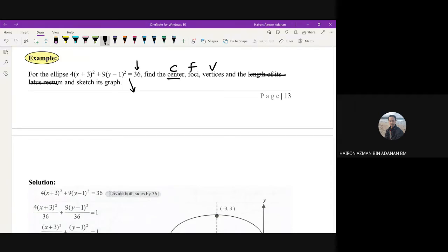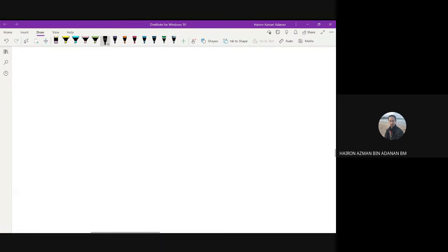So the first step, I need to write 4(x plus 3) squared plus 9(y minus 1) squared equals 36. To make it a standard equation, make sure this side equals 1. So you just divide by 36.